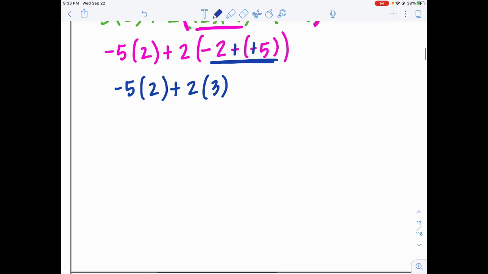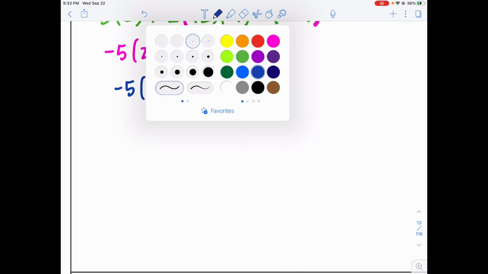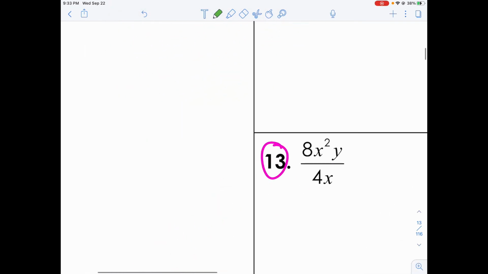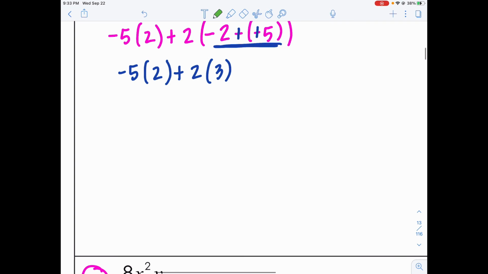Now I have 2 multiplication problems and addition. I'm going to do the multiplication before I do the addition in order from left to right, which means I need to do this multiplication first. A negative 5 times a positive 2 is a negative 10. Bring down everything I haven't used.